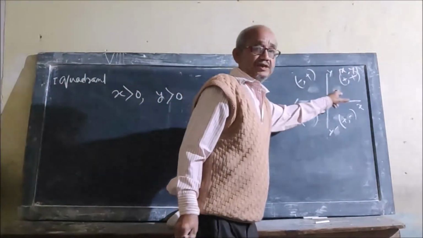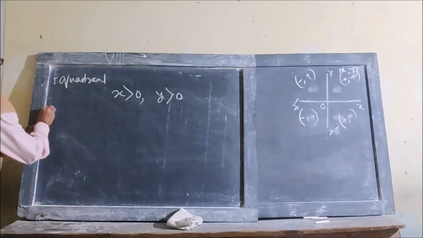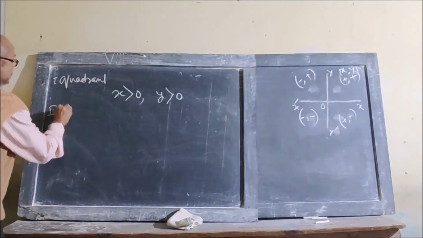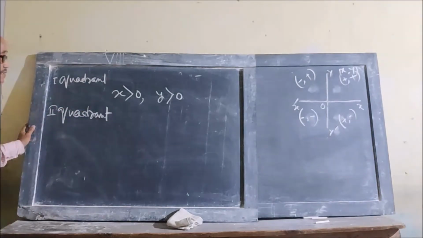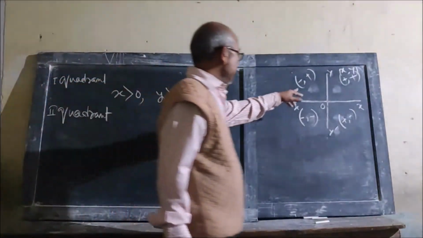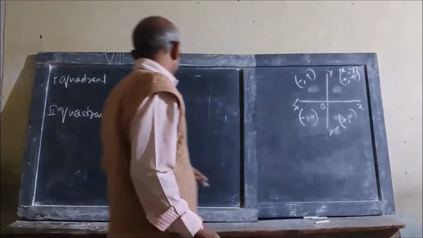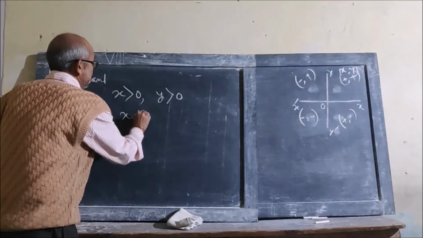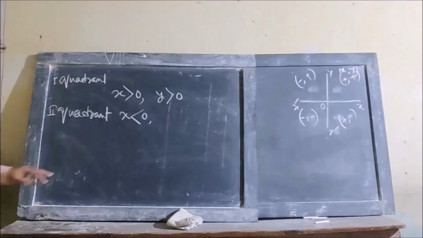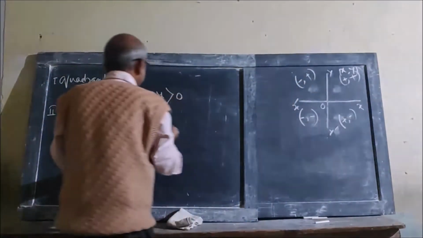This is for the first quadrant. For the second quadrant, you see here, x is minus 1, which means x less than 0, whereas y is greater than 0.